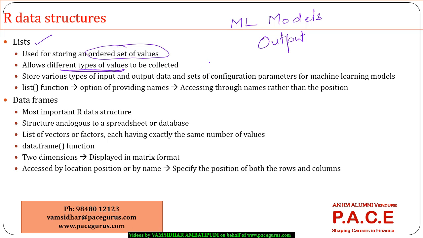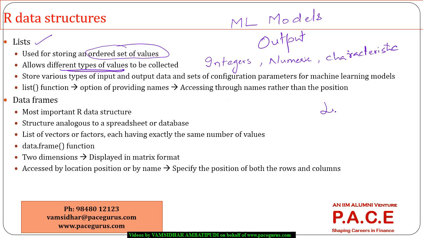So there could be a few integers, a few numeric, a few characters. Different types of values, whereas in the case of a vector, all of them should be of the same type.